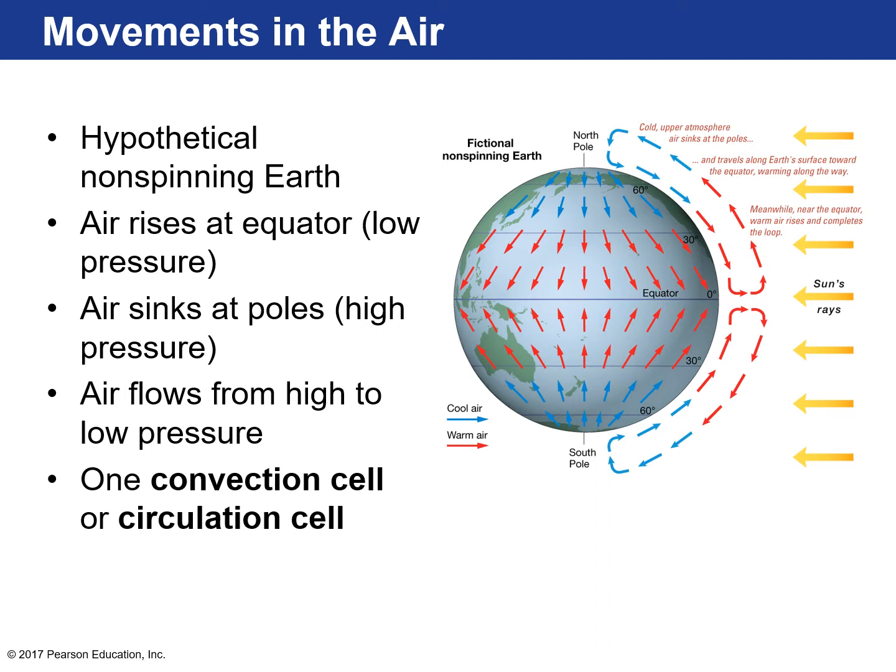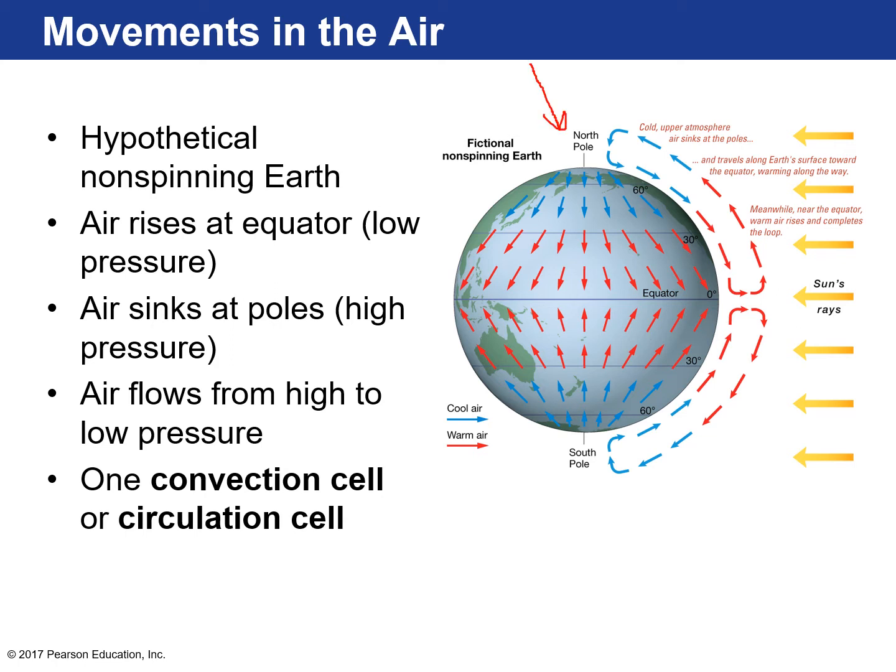In order to understand how the atmospheric winds are generated, and all the prevailing winds that we're going to talk about, and how air masses move on the surface of the Earth, let's initially think about a hypothetical non-spinning Earth. This is a planet that's not spinning.